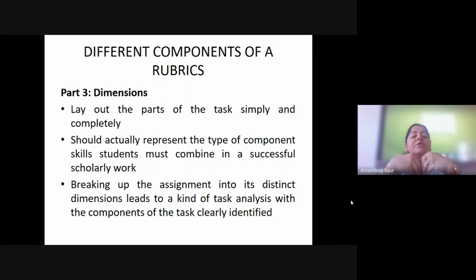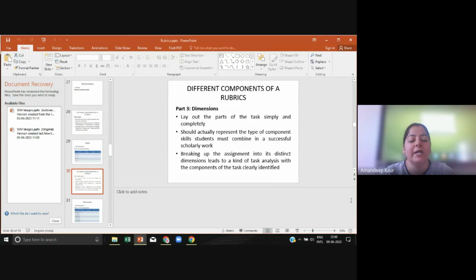When it comes to the dimension, breaking up an assignment into distinct dimensions leads to a kind of task analysis, with all the components of the task clearly identified.